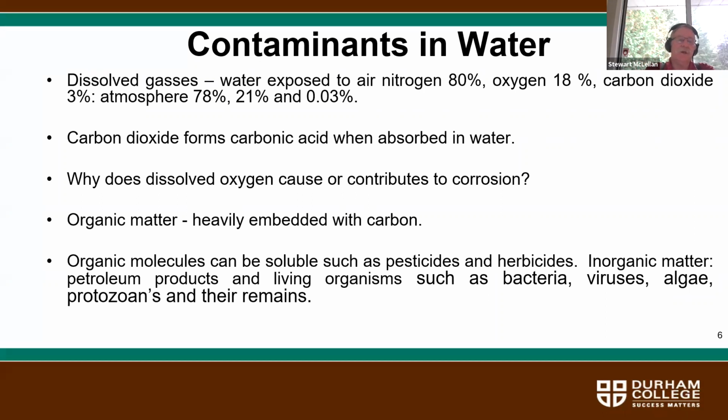pollution instances where the organic matter can consist of organic substances like toluene, xylene. Organic molecules can be soluble, such as pesticides and herbicides. Inorganic matter can be petroleum products and living organisms such as bacteria, viruses, algae, protozoa, and their remains.